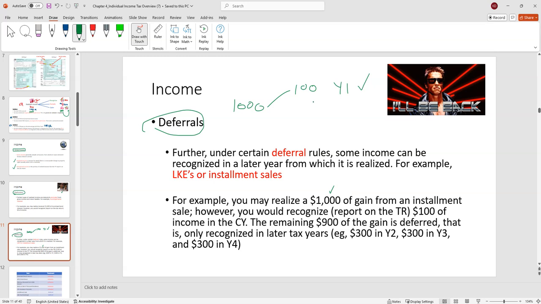But like in this example, we're just going to have 1,000 that we realize. 100 of that we'll recognize in year 1, 300 in year 2, 300 in year 3, and 300 in year 4. This is kind of the later, I'll be back. Yes, it happened in year 1, the realization, but it came back in subsequent years where we do recognize it.